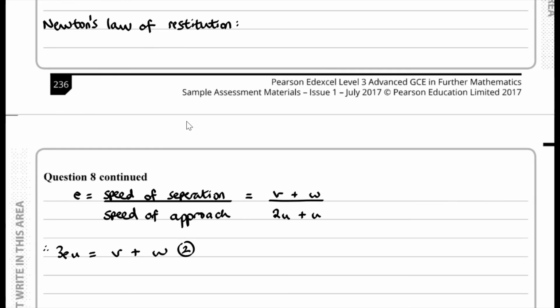So if we solve equations 1 and 2 simultaneously to find V, we can then use the fact that Q is reversed to set an inequality. That's to say V is greater than 0.